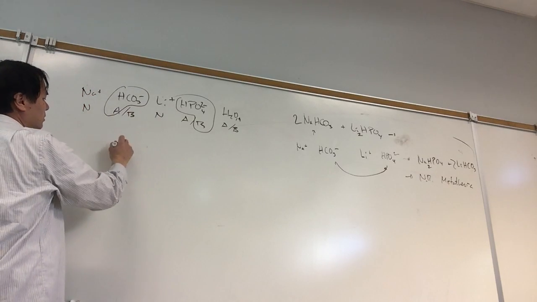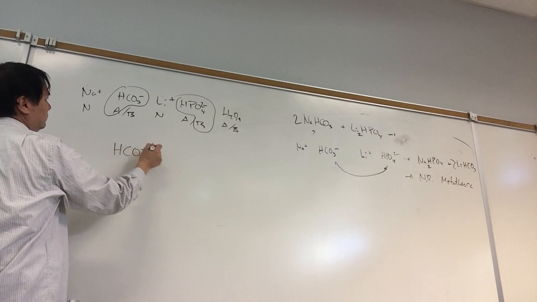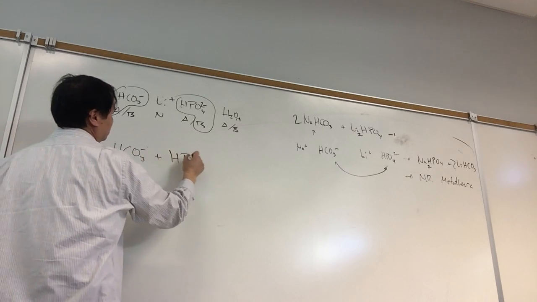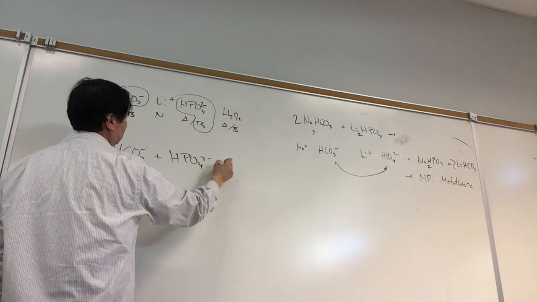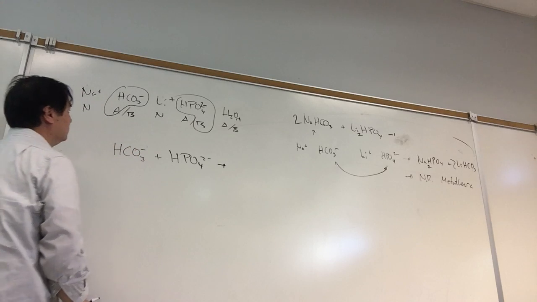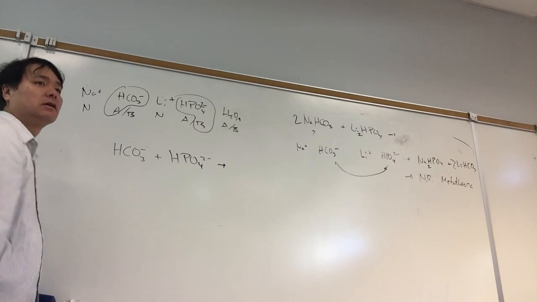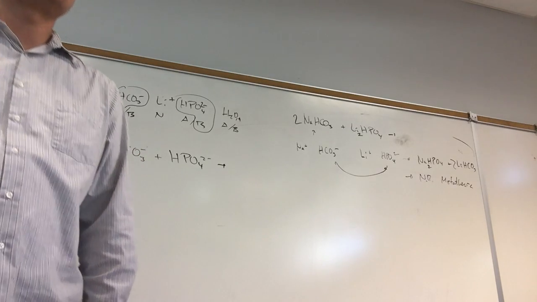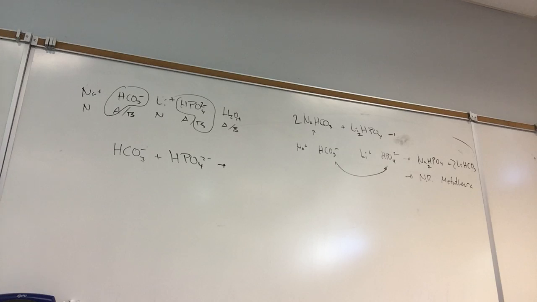Acid's a proton donor. Now, could you consider hydrogen carbonate as your base and HPO4 as your acid? Yeah, you could. You know, these collisions happen. All the collisions will happen, and you get a mix of things happening. But you don't consider all these possible collisions.